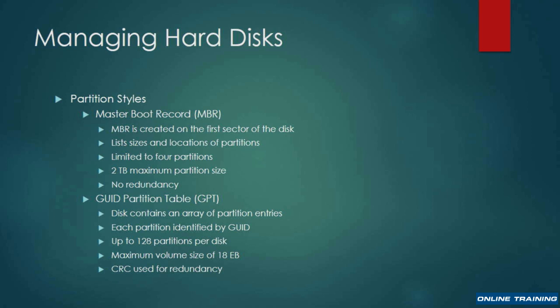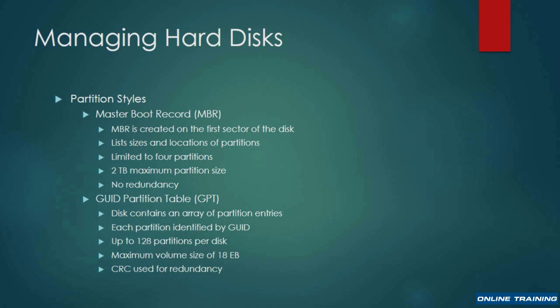Okay? So the GUID partition table type is an array of partition entries. Each partition is identified by a globally unique identifier, hence the name. You can technically have 128 partitions per disk, although that's obviously excessive. And partitions can also be up to 18 exabytes in size. That's also a little bit excessive at this point.